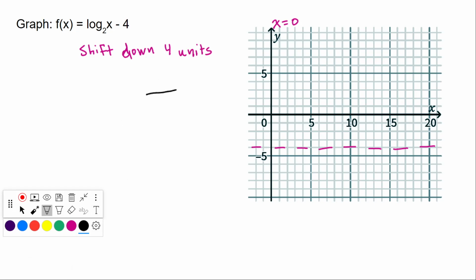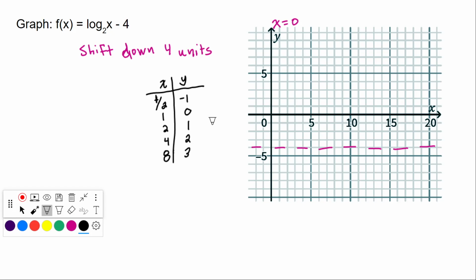When we do our table, it's easier for me to write the outputs first, -1, 0, 1, 2, 3, and to think about what the input will be by thinking of 2 to the -1 is 1/2, 2 to the 0 is 1, 2 to the 1 is 2, 2 to the 2 is 4, 2 to the 3 is 8.